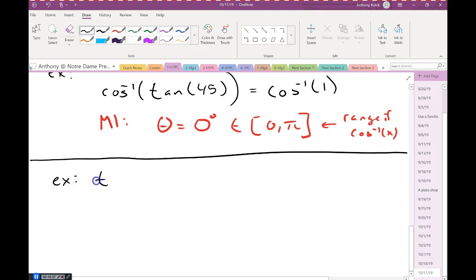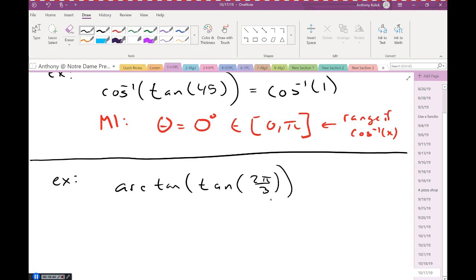Okay. What if we are asked to do tangent inverse of tangent of 2 pi over 3? Well, common sense would tell us that inverse tangent, or arctangent, and regular tangent are just going to cancel each other out, and we're going to be left with this.